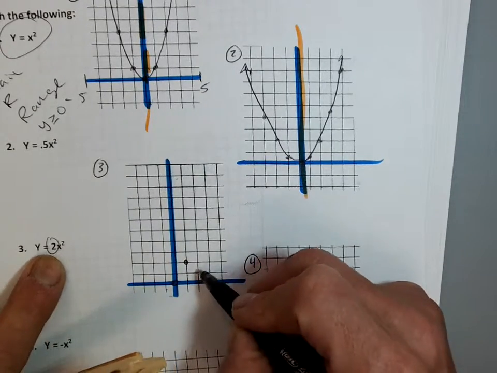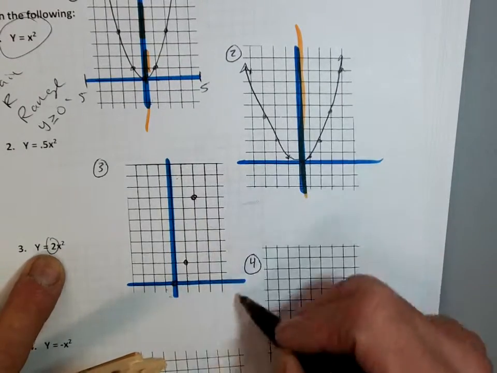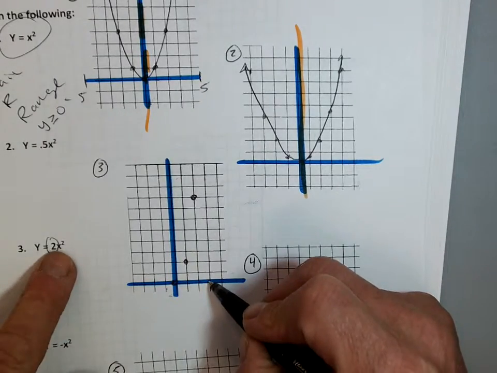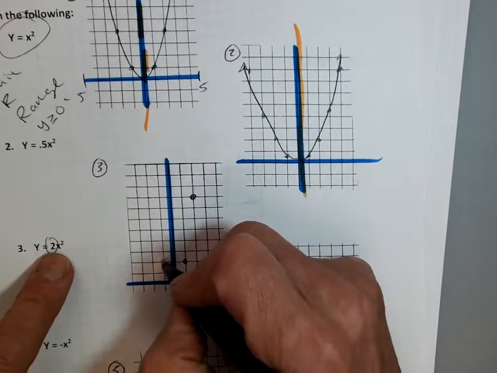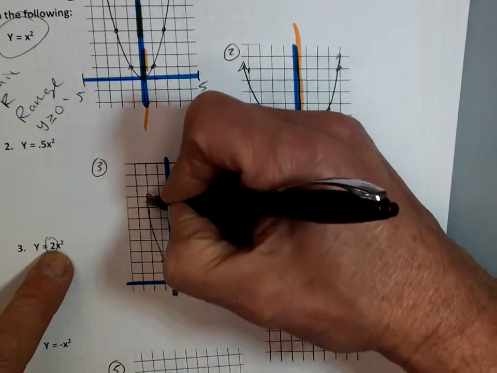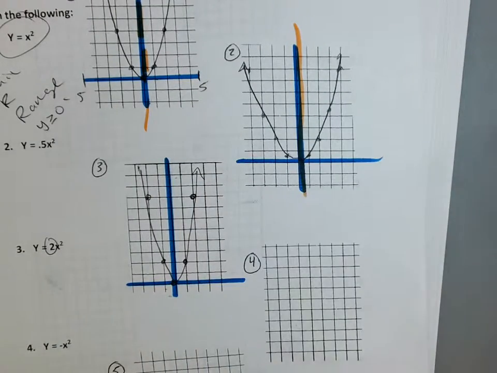Twice as tall. 1, 2, 3, 4, 5, 6, 7, 8. See how I do this? See how easy this is? I'll go over 3. What's 3 squared? Twice as tall. 18 is off my paper, right? But I also know I have points on the other side because it's symmetrical. Okay, how am I doing?